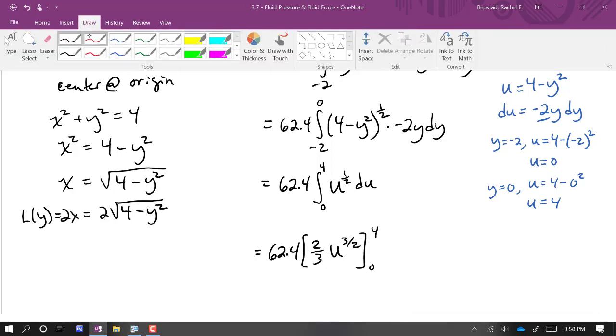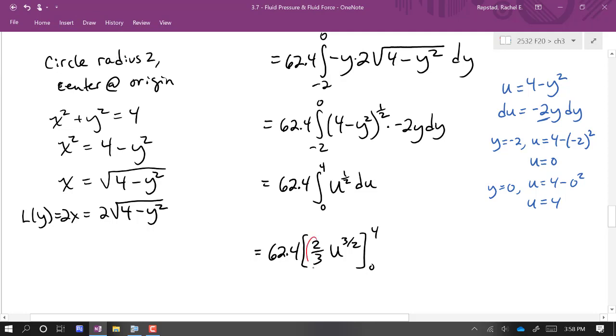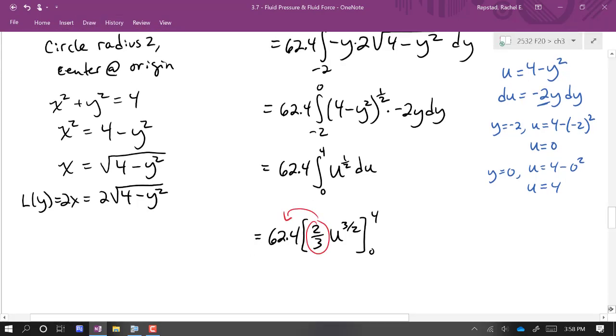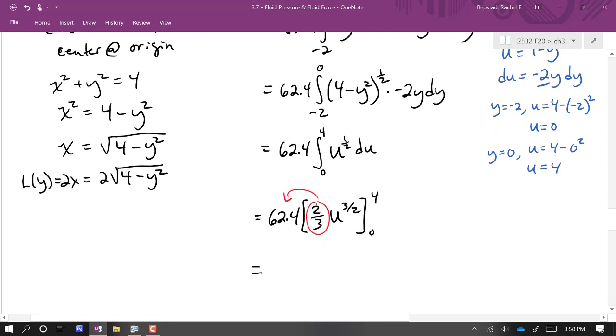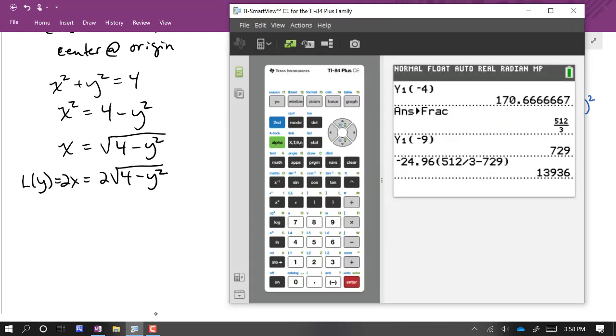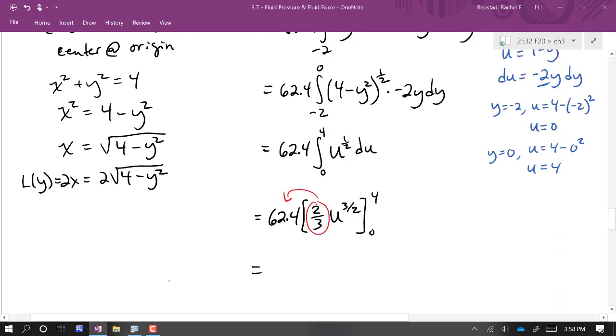Now I'm going to yank out this 2/3, and I'm going to multiply it by the 62.4 that's already there. We get 41.6.